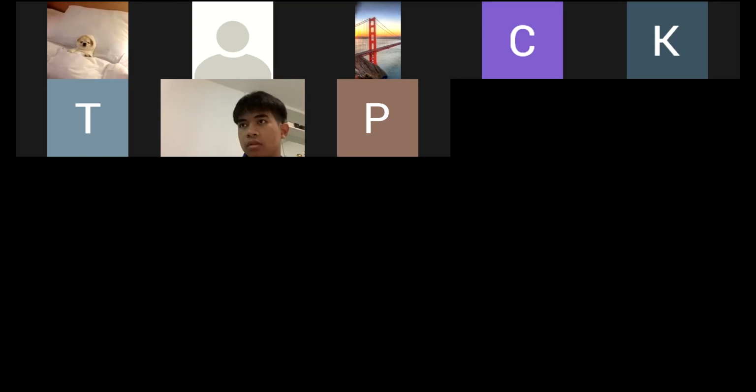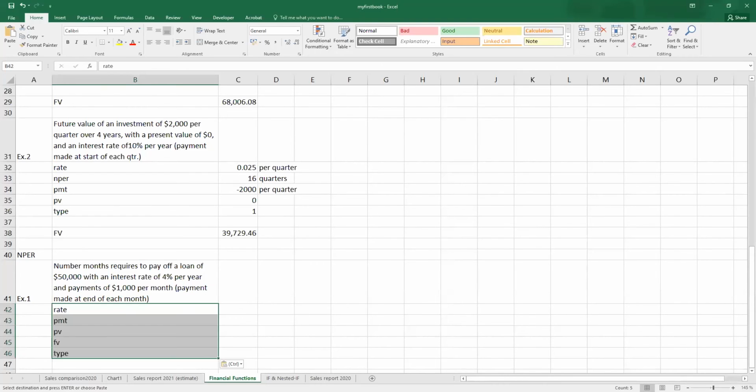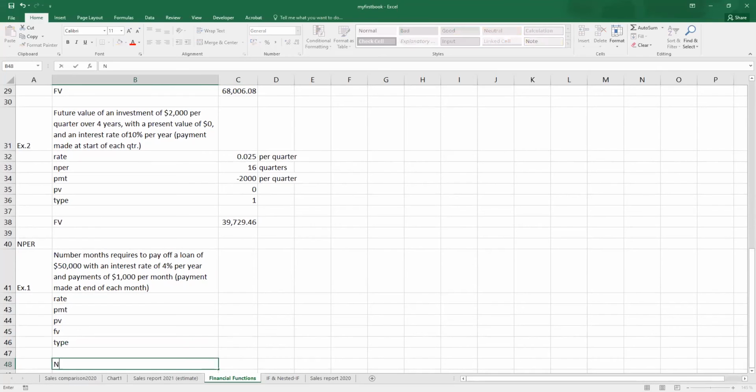I put them in the chat box already. For this one, firstly, I will set up the list of the arguments first, so that you can see it clearly. We need to use rate, PMT, PV, FV, and type. And then we will calculate the number of periods here.